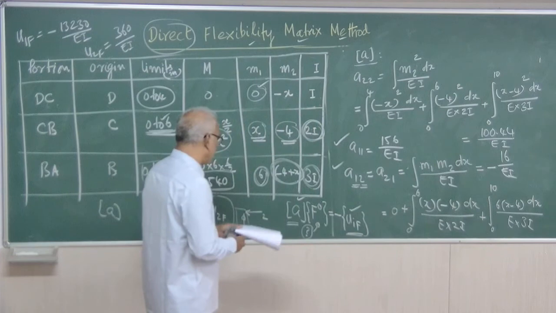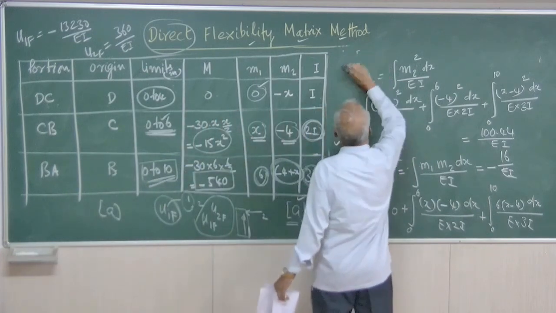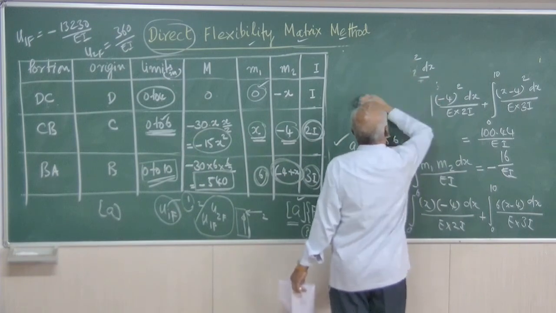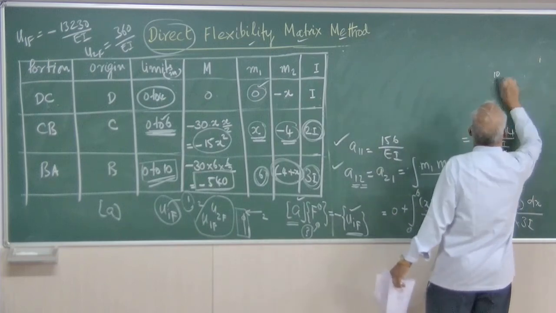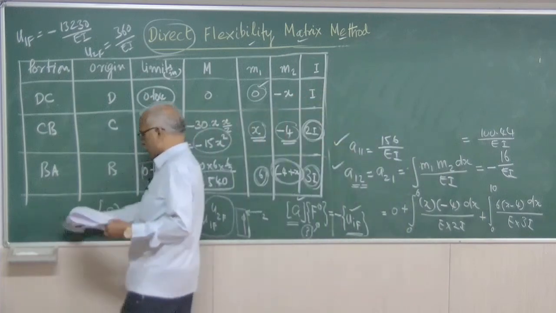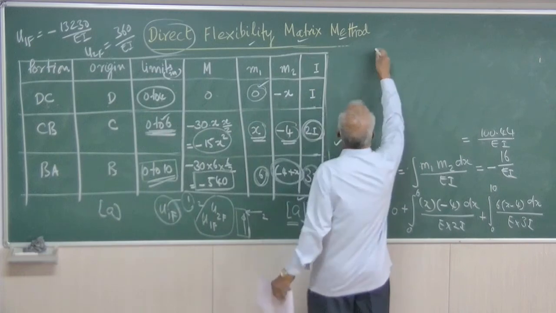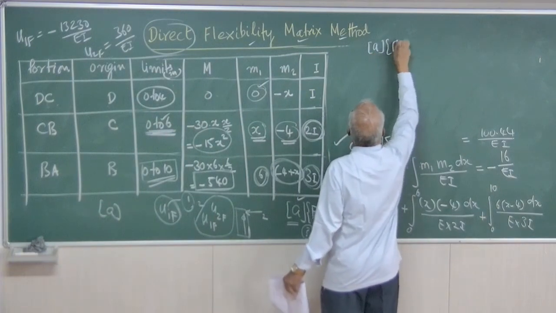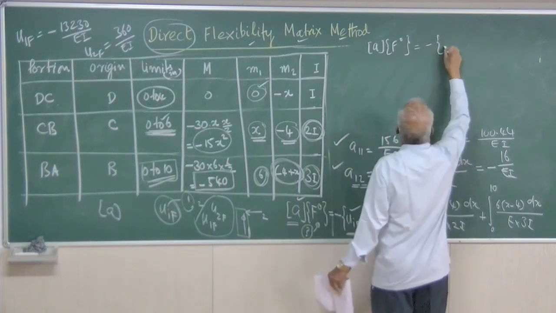Now we have to find out the values of the redundant forces. We will rewrite the compatibility equation: A into F naught equal to minus UIF.